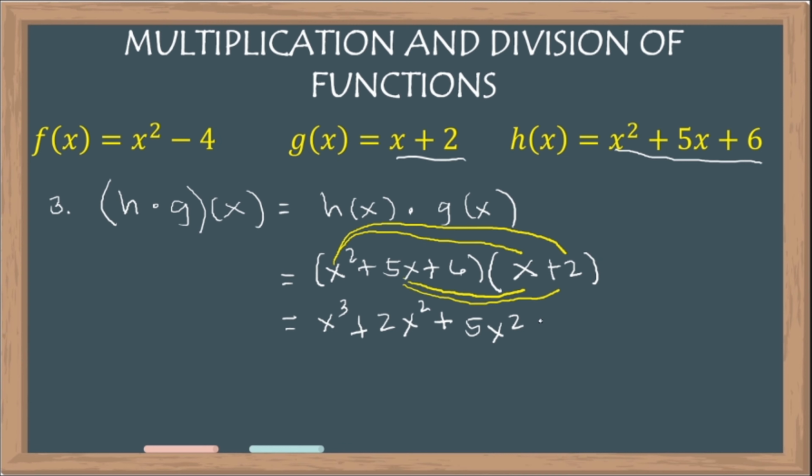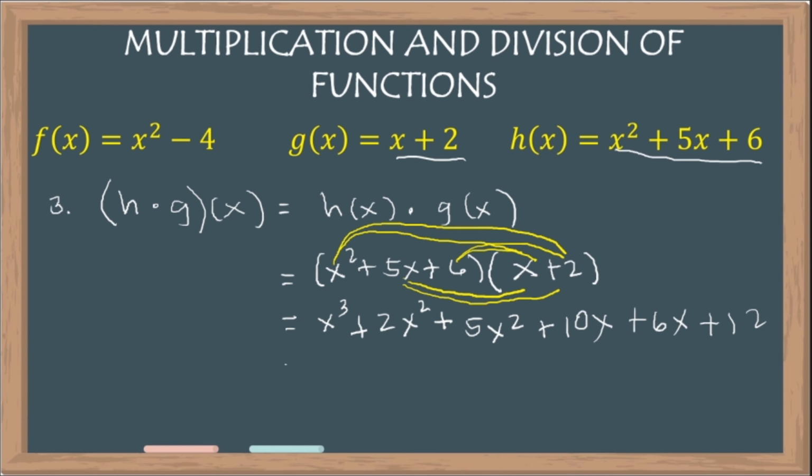That is positive ulit. 5 times 2, 10. Just copy x. No? And after that, ano pa ang hindi natin na-multiply? Itong 6. 6 times x. So that's positive 6x. Tapos 6 times 2. That's positive 12. So medyo mahaba, ano?